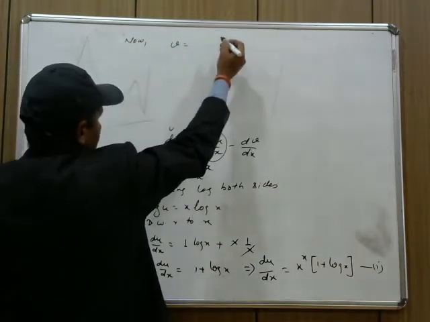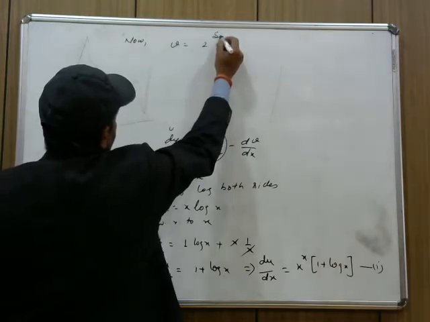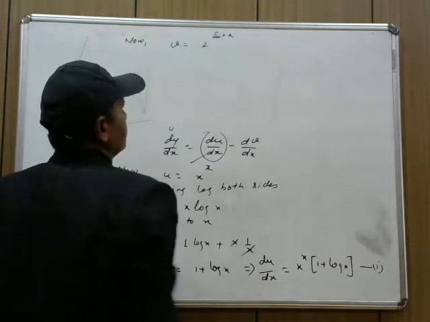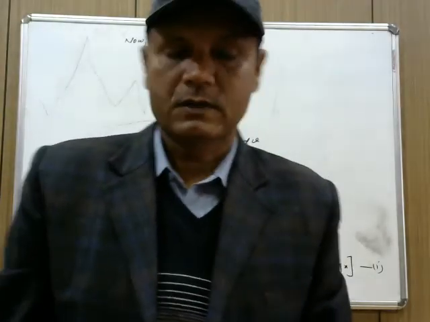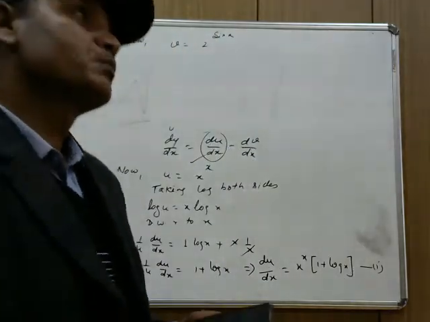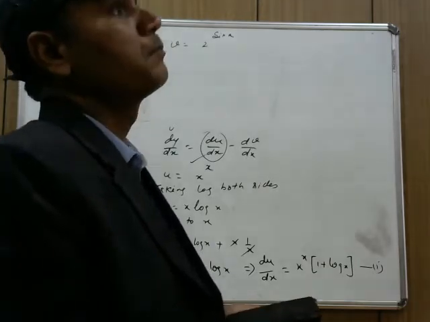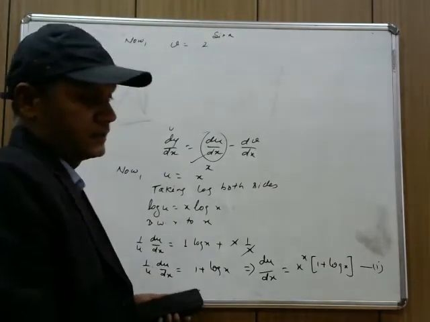Now v is equal to 2 to the power sin x. If I had sin x to the power 2, that would not be a big problem, but here it is 2 to the power sin x, a to the power x, isn't it?